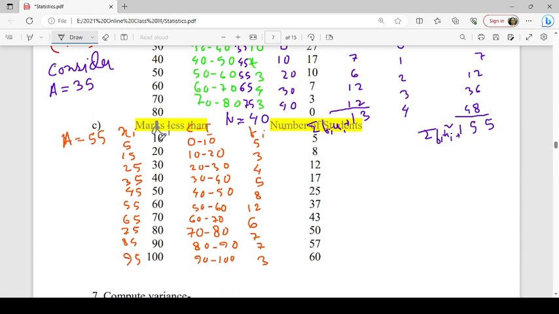So xi minus a: 5 minus 55, it is minus 50, then minus 40, minus 30, minus 20, minus 10, 0, 10, 20, 30, 40.